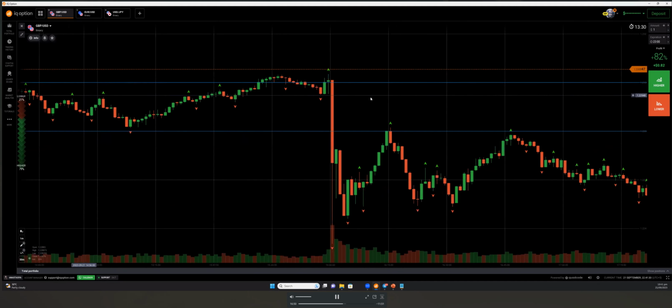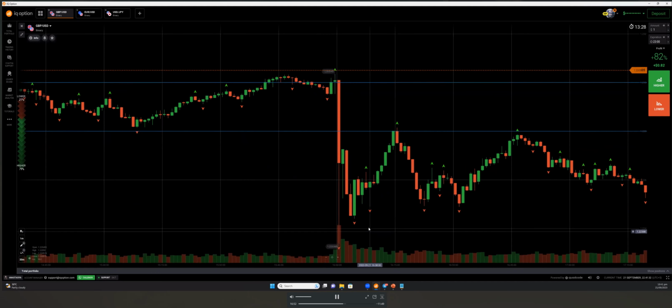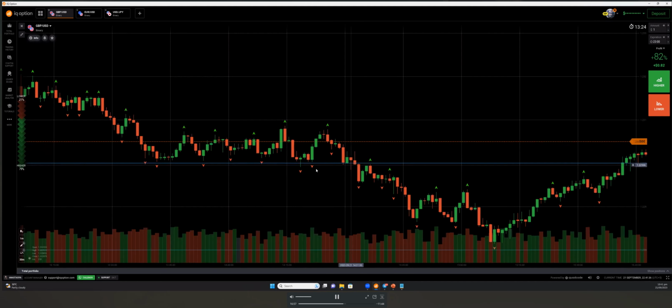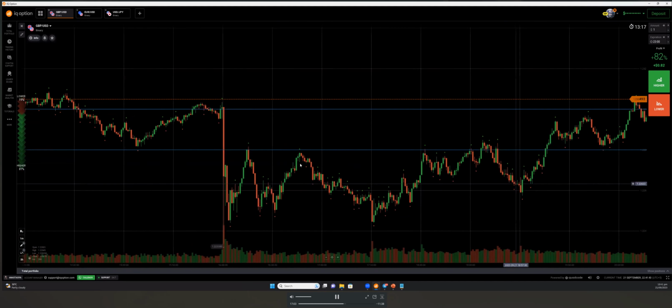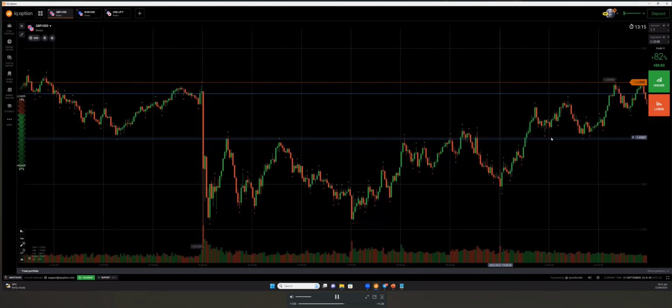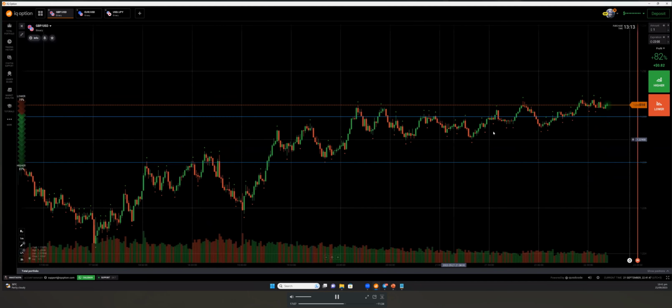So this is a round number. Here you can see the price touches and then falls down. This is a round number. Price touches and falls down. If you go back, you will find support and resistance on these round numbers. Not just one time, a lot of times you will find resistance, support. It's just a round number.